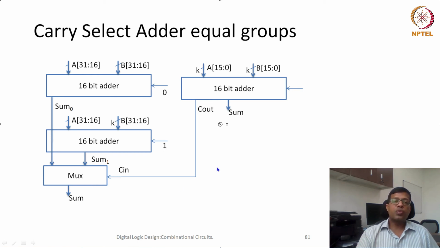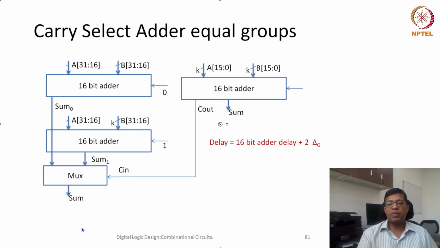Now, is this advantageous or not? It is certainly advantageous, because the delay of this 32-bit adder is whatever the delay of a 16-bit adder is, plus the delay of this mux. The two 16-bit additions can be done in the same amount of time, so both sums are produced at the same time, but an additional mux delay is required.